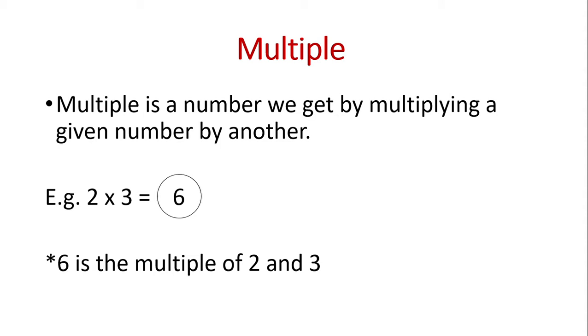For example, I want some multiples for 7. Whatever number I multiply by 7, the answer we get is a multiple of 7. The answer is also a multiple of the number we are multiplying by 7.